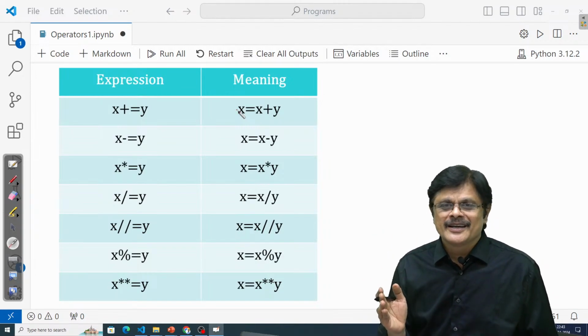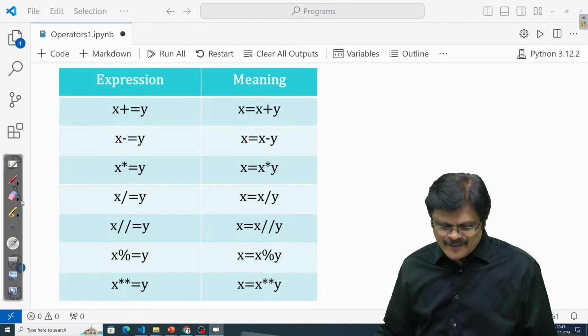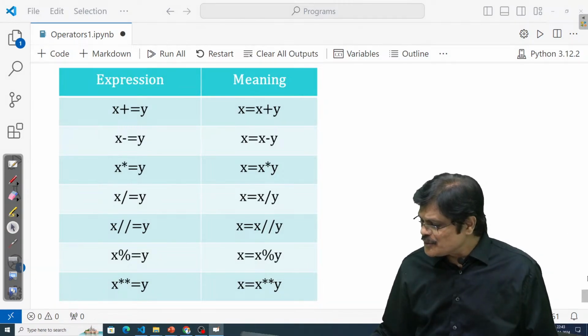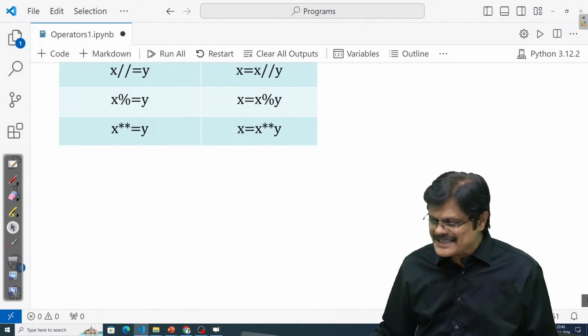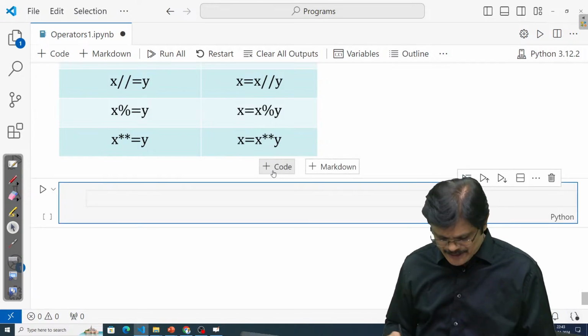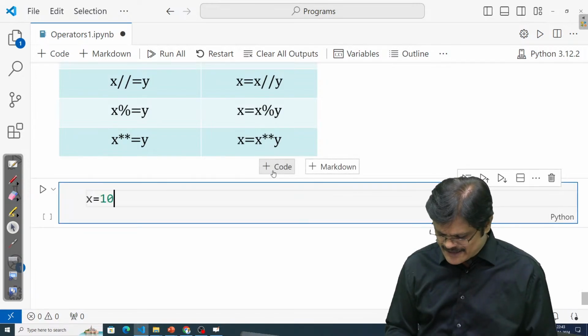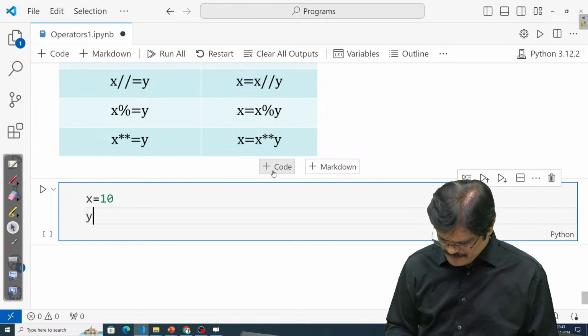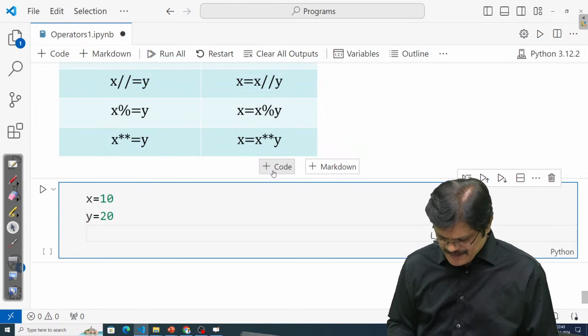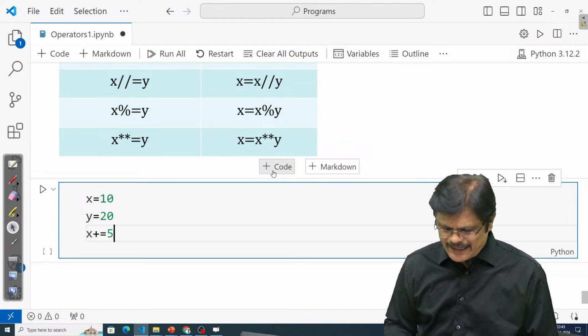Actually, in C language, this can be nested to different levels, but in Python we don't have that option. For example, X is equal to 10, Y is equal to 20. I can say X plus is equal to 5.